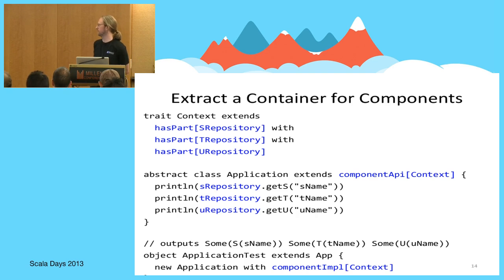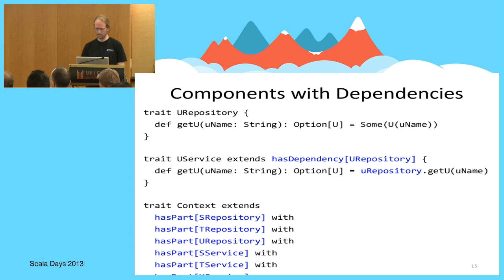It has an S repository, it has a T repository, and it has a U repository. What this means is that the context as a component is going to have 3 injection sites. So the S repository has 1 injection site, the T repository has 1, the U repository has 1. I have 3. So that just gets rid of a lot of code duplication there.